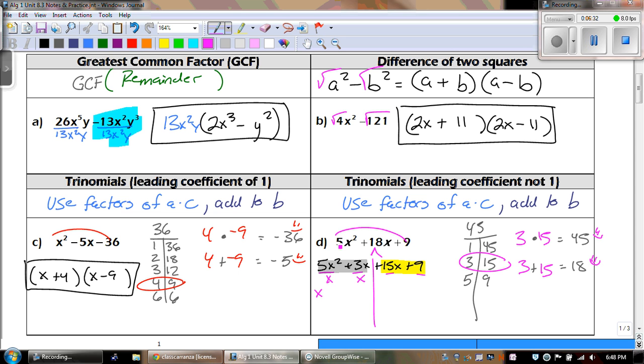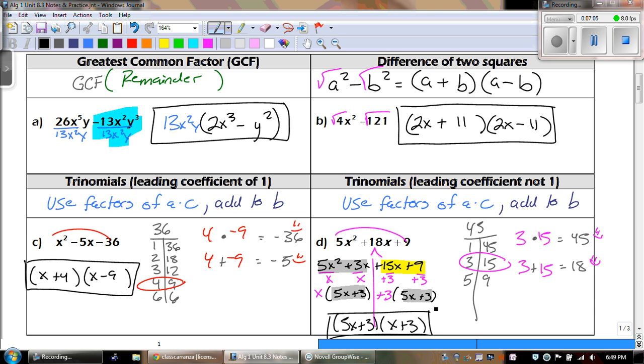So the GCF comes out front, and then we're left with 5x plus 3. And the GCF of the back is a positive 3. So the positive 3 comes out front, and we're left with 5x plus 3. And I know that we did it right because those two binomials match. So our final answer is 5x plus 3, x plus 3.